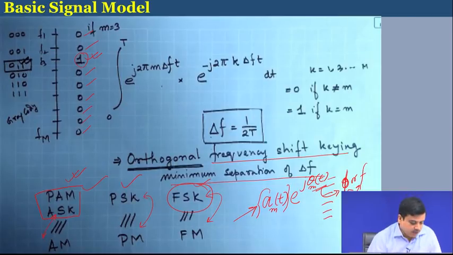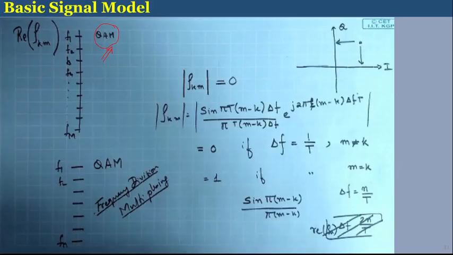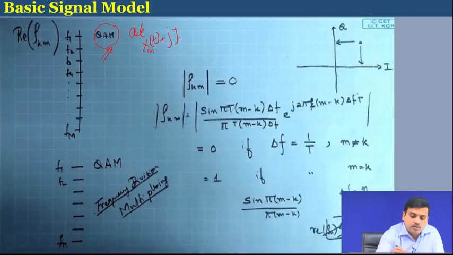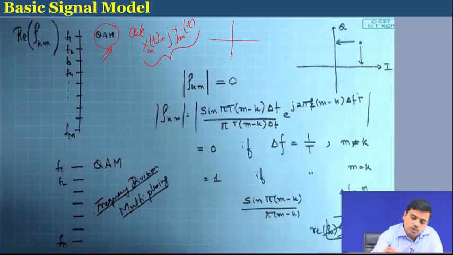So, now if one is using QAM, quadrature amplitude modulation, that means we are going to have, let us say, x m of t plus j y m of t, which is the low pass equivalent of the signal, or which carries the information bearing signal, and they are chosen from the QAM constellation.